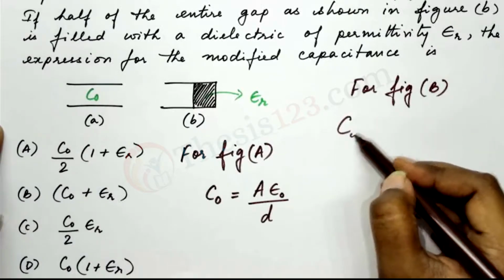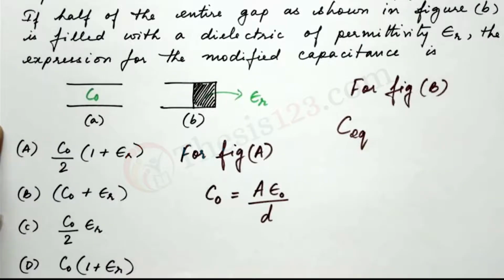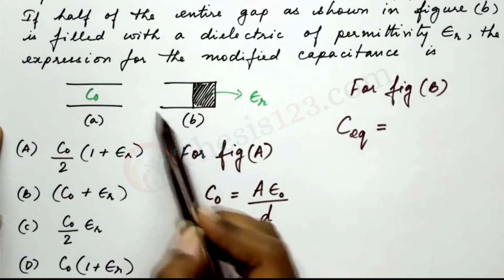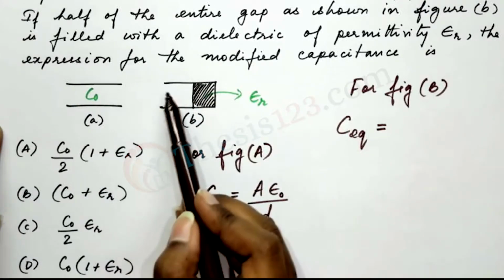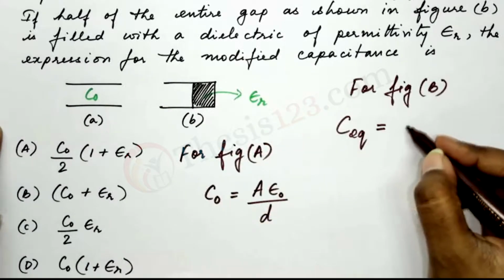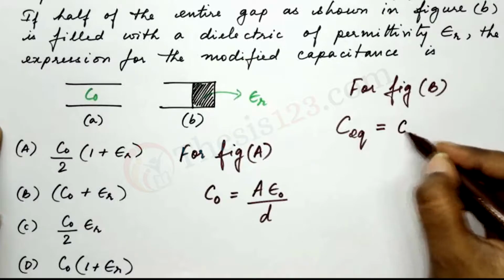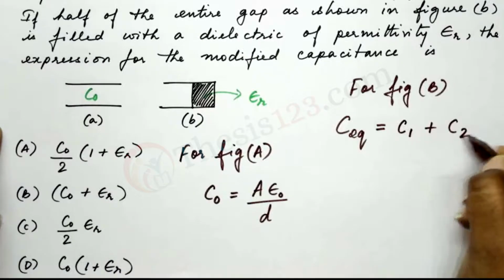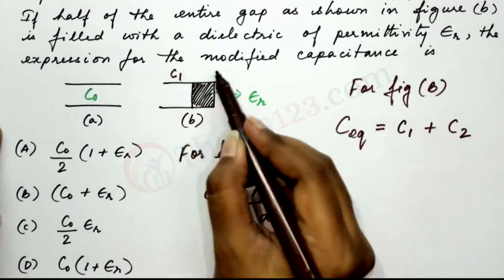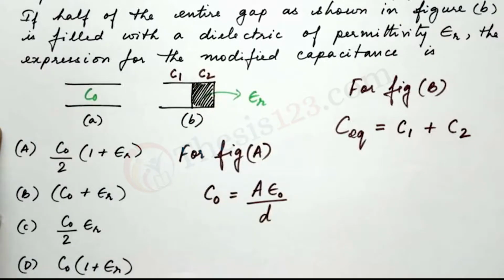We have to find out what C equivalent is. When we have an arrangement like this, where half of it is filled with the dielectric of air and the other half with another dielectric, the modified capacitance would be C1 plus C2, considering this is C1 and this is C2. I hope that makes sense so far.